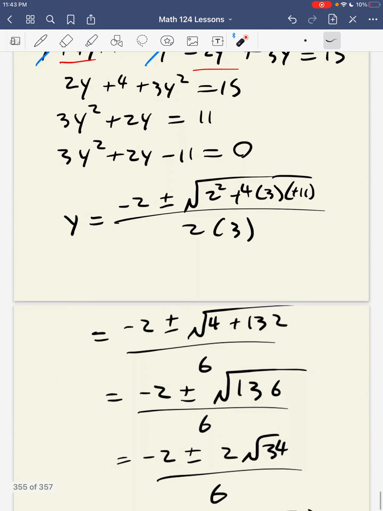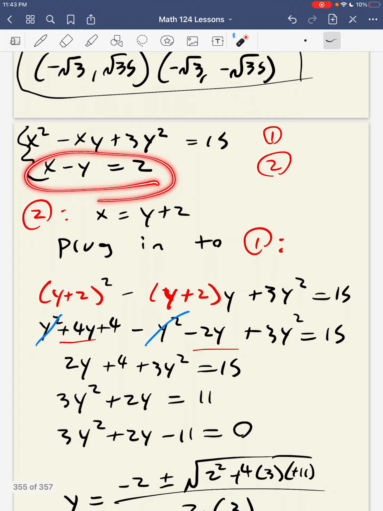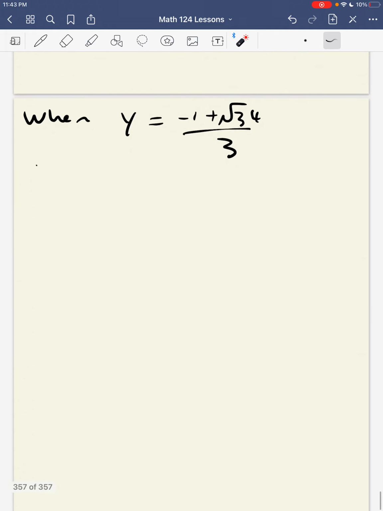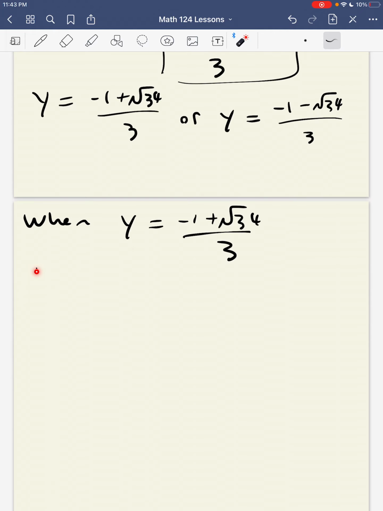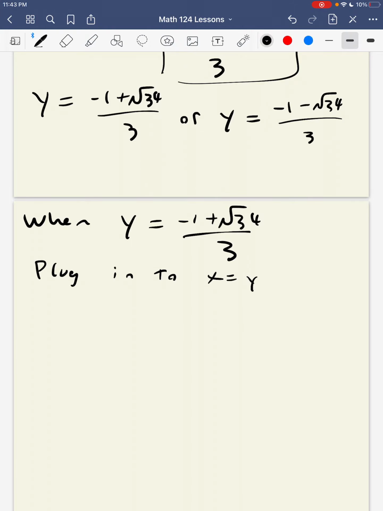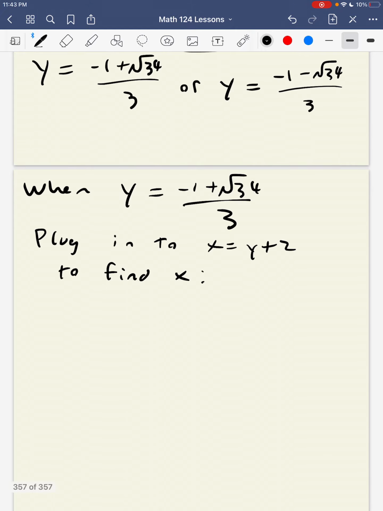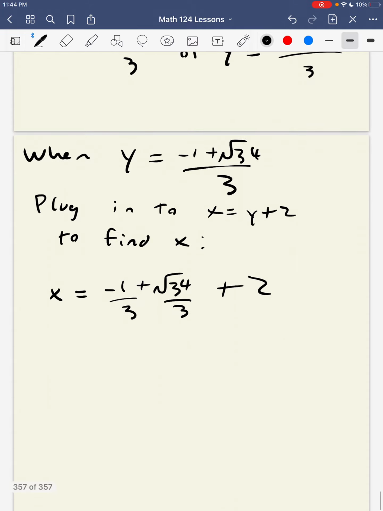Well, we go back to the original equation. X equals y plus 2. We plug into that to find x, right? So we get x equals -1 plus root 34 over 3 plus 2.